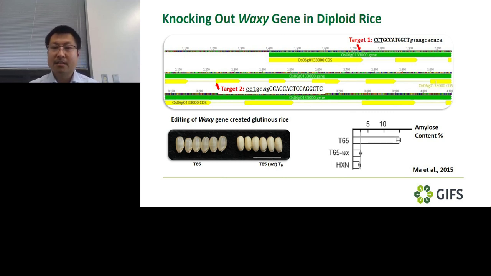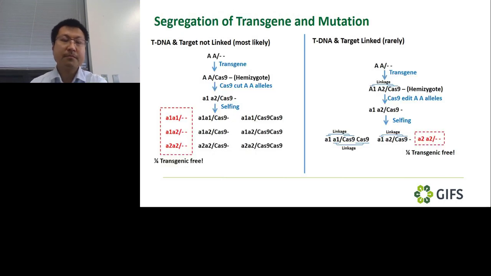Then we measured the amylose content, and we found that indeed the amylose content is comparable to the glutinous rice available from the market. They are not distinguishable.